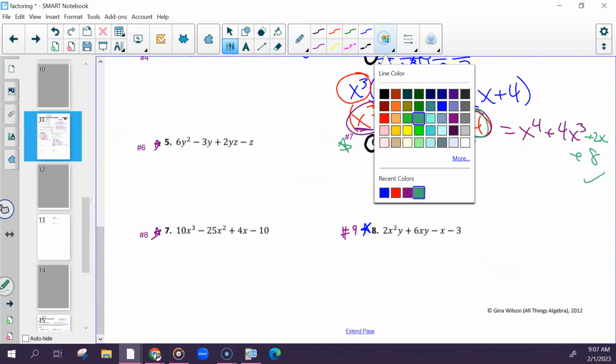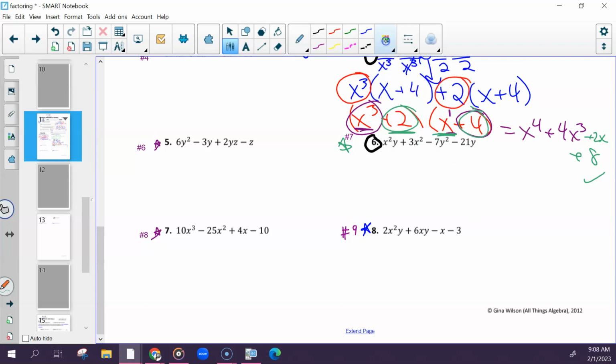Let's do 6. Walk me through how I should start this. What would be the first step? Split it. There we go. Where? Before the subtraction. Then what? See what they have in common. The first half.